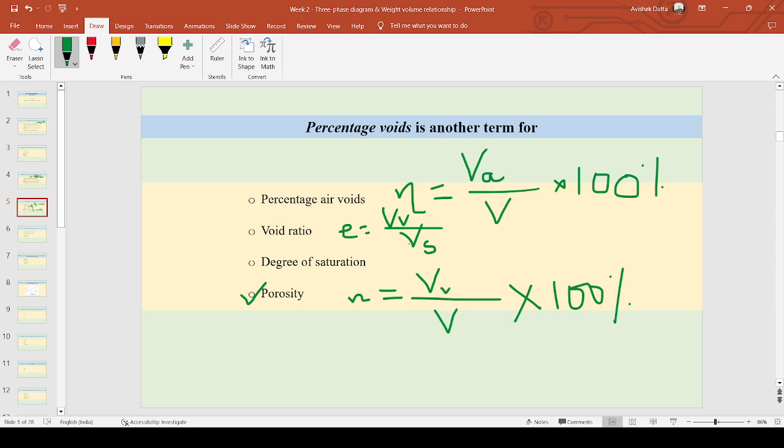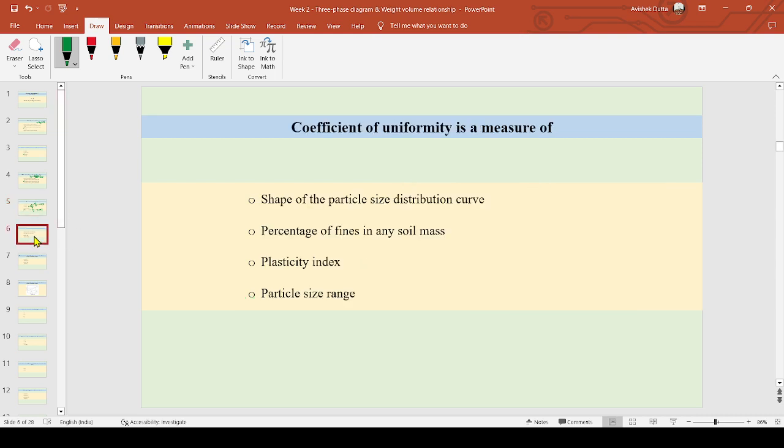Okay. Next question. Coefficient of uniformity is a measure of, what is the answer? Particle size range or ratio. It is range over here. You see, during sieve analysis or particle size gradation, we have two different types of coefficients. One is the coefficient of uniformity, and the other is the coefficient of curvature, right?